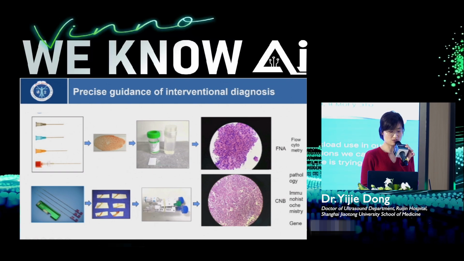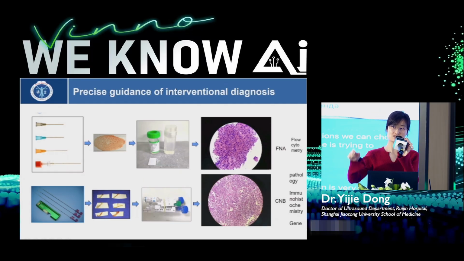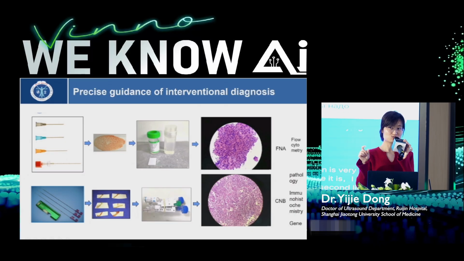But we all know that core needle biopsy has injections just along the direction, so we should control it. If the mass is too small, we have to do some technical guidance.